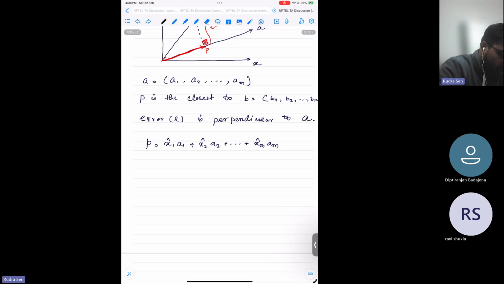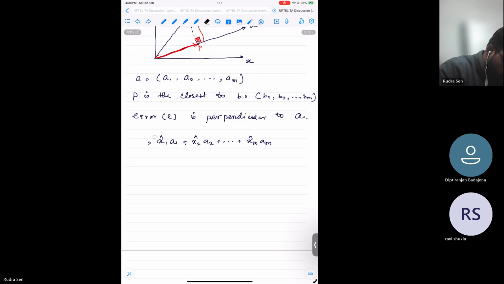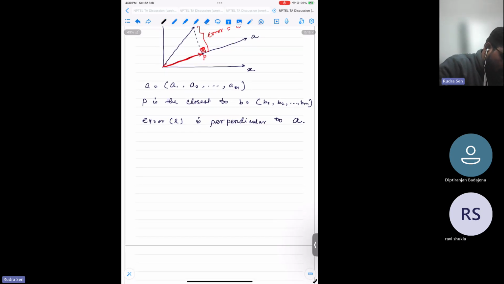Sorry, this is my mistake. This A is not a basis vector. This is a vector. So P is basically a multiple of A, because P is the part of A. So we can write P as x hat into A, right?